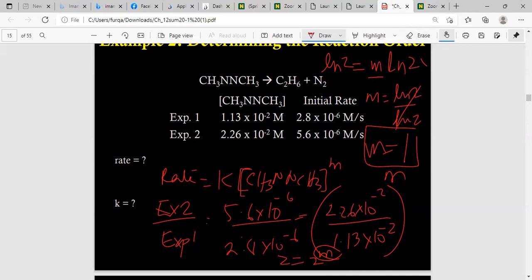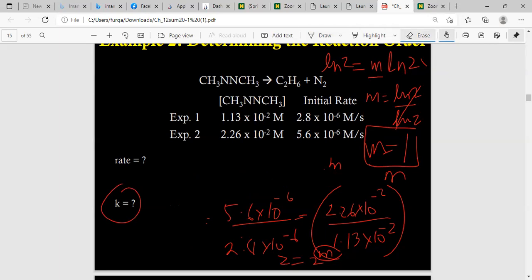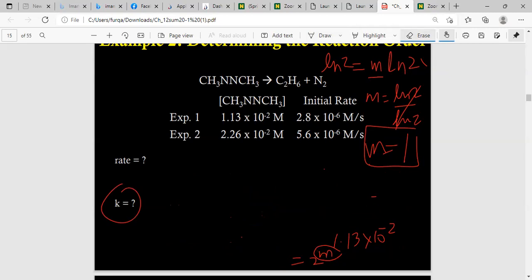So when it's first order, now we're going to plug that into the equation, and we can calculate the rate constant. For that, we rearrange the equation. When calculating the rate constant, the standard is to use the data from the first experiment in your data table.